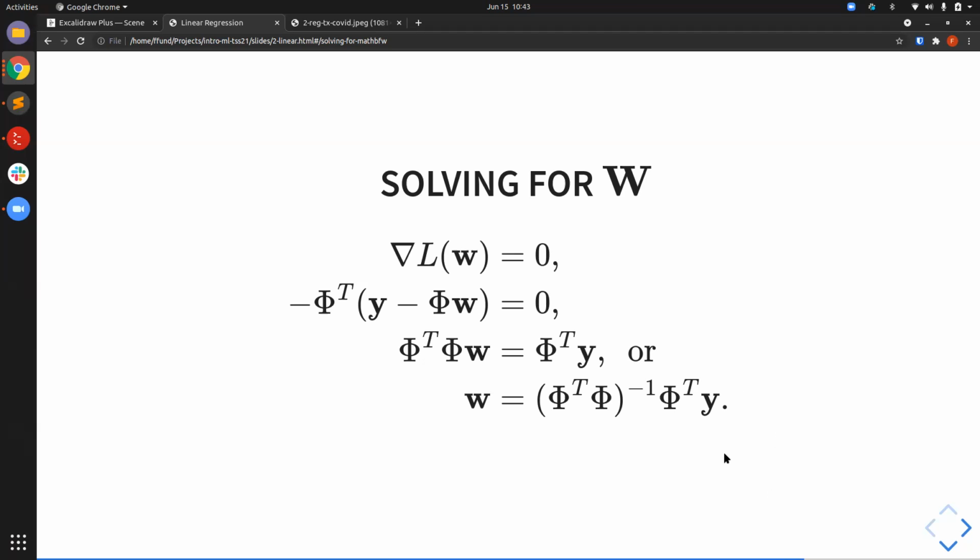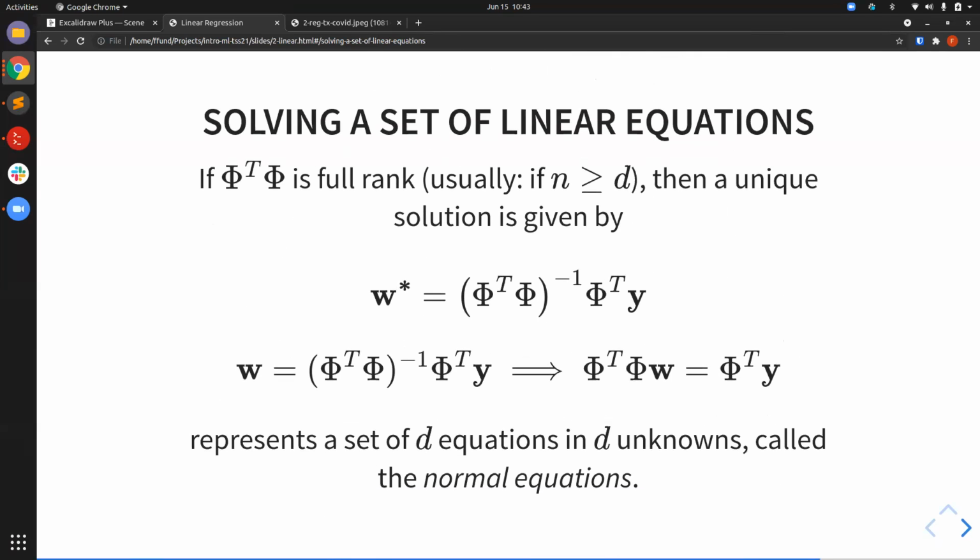This has a unique solution if this is full rank, which in most cases occurs if n is greater than d. So usually we need more rows in our matrix, meaning more data points than we have features, in order for this to have a unique solution. But if it is, then we have this unique solution.